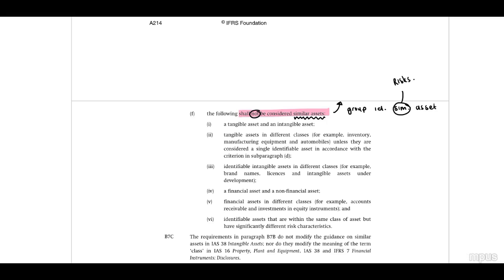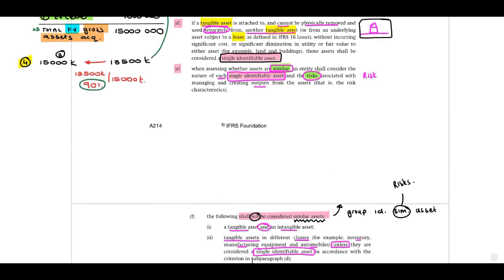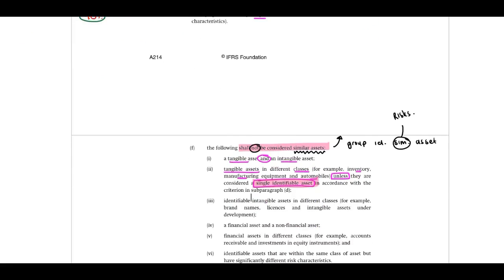A tangible asset and an intangible asset. 2. Tangible assets in different classes, for example, inventory, manufacturing equipment, and automobiles, unless they are considered a single identifiable asset, remember, which we have identified in terms of D at the top, guys, the land and building example.